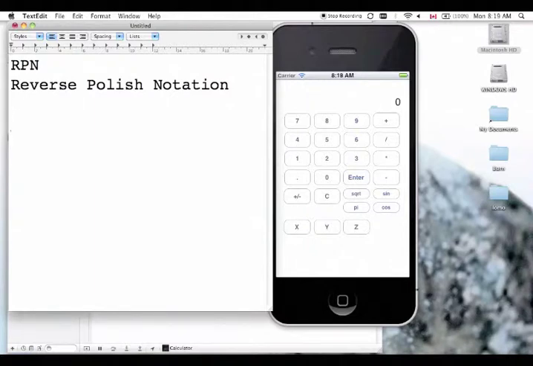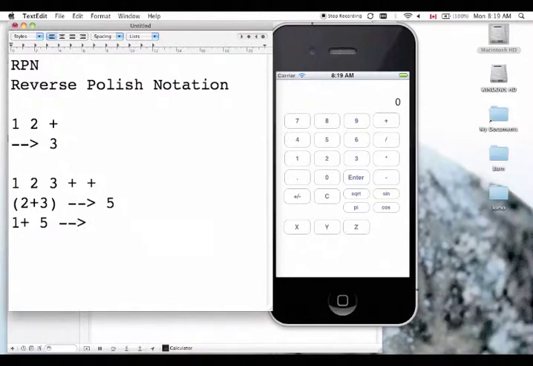So for instance, I can type 1 2 plus, then this will give me a 3, or we can have 1 2 3 plus plus. This will evaluate as first 2 plus 3, which gives you 5, and then 1 plus 5, which will give us 6.